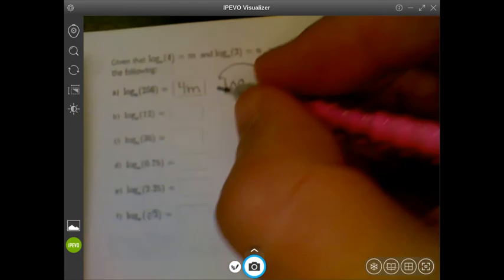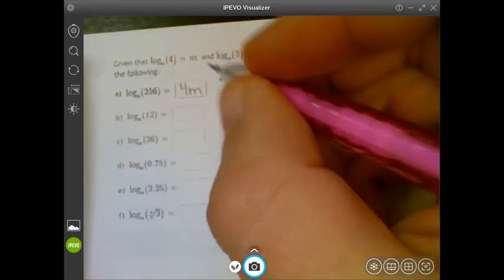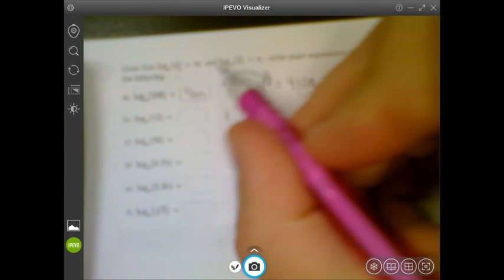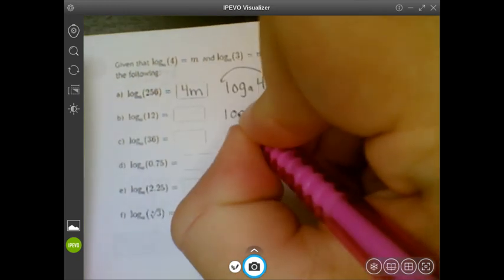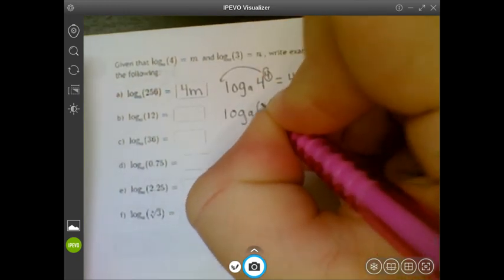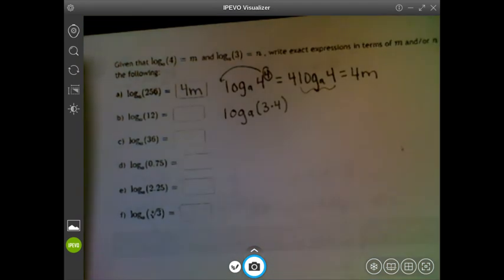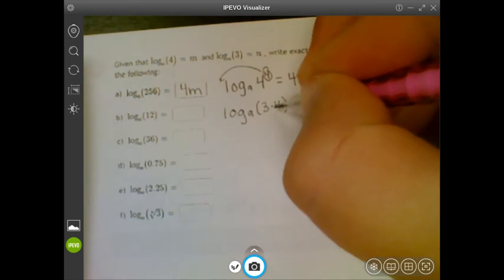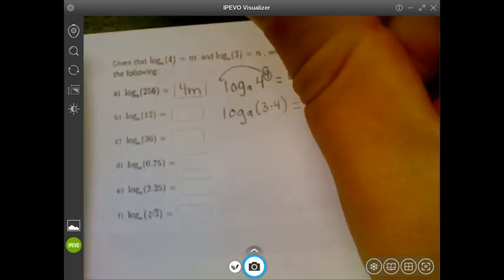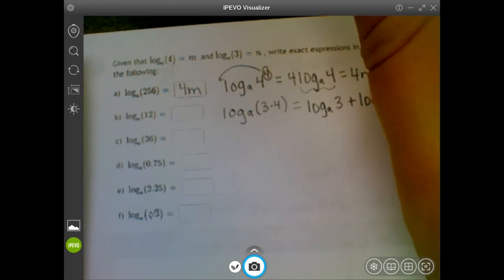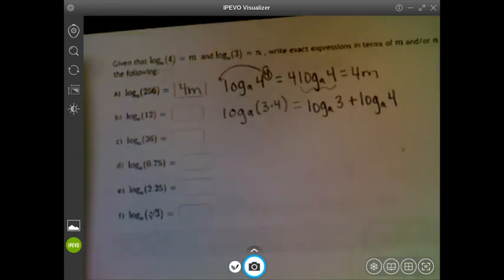All right, so let's try the next one. So log base a of 12, when I see 12 and I know I need to try to use 3 and 4, I'm thinking that that is 3 times 4. And hopefully that jumps out to you as well, that you can make 12 out of 3 and 4 by just multiplying them. So the property here says if you have two things being multiplied, you can write them as two separate logs, but instead of multiply, they are now being added.